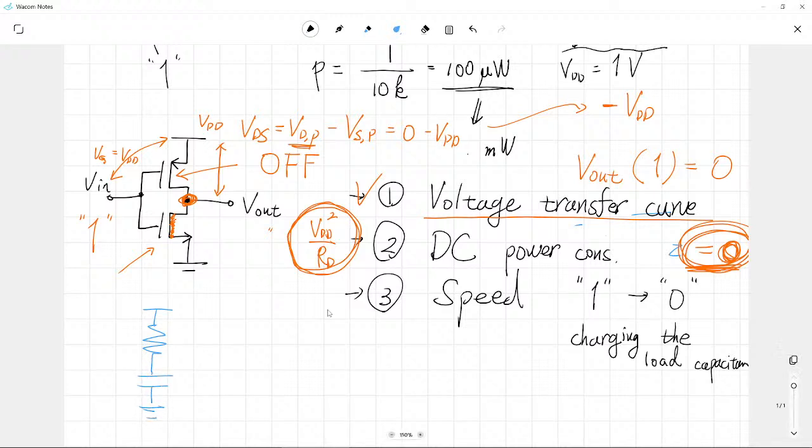Suddenly we have changed our values, and it is now R and C. This RC time will determine the charging speed. But now think about this CMOS counterpart. How does it look? Still, our NMOSFET does not play any role. It is just turned off. But now you can understand. Now this is V.